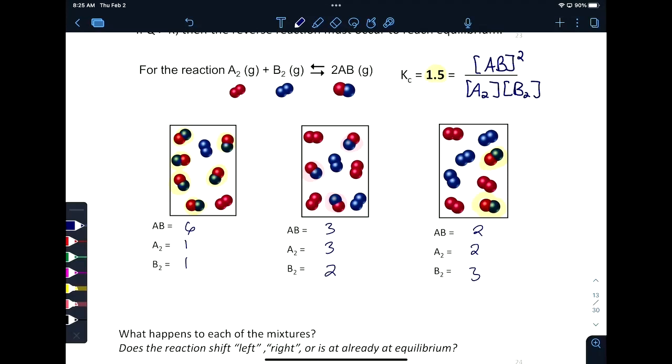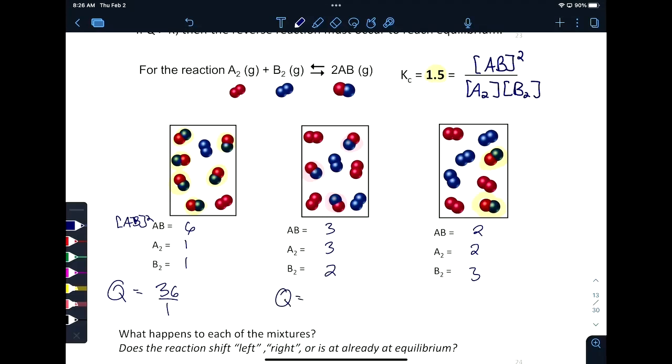So let's calculate Q, where we take these initial pictures and plug them into the K expression. Remember, it's AB squared, so we're going to square AB, and then we'll just multiply A2 and B2 together in the denominator. So Q for this first picture is what? 36. Yes, so it's 36 over 1 because A2 and B2 are just, the concentration is 1.